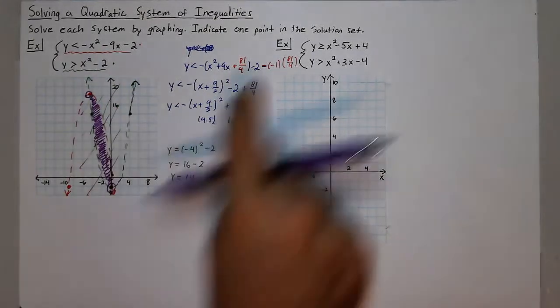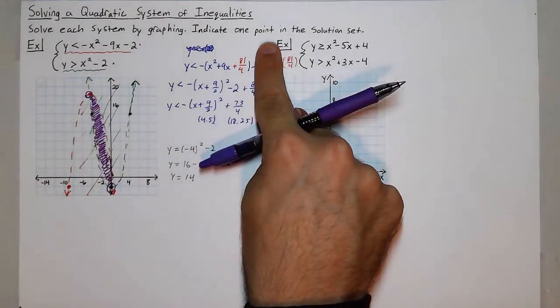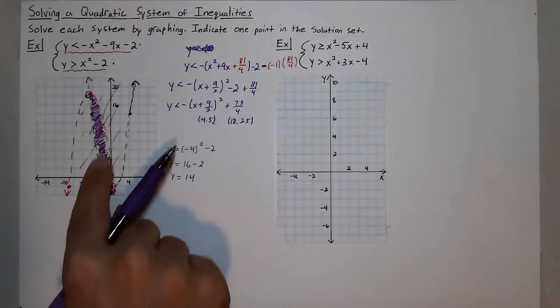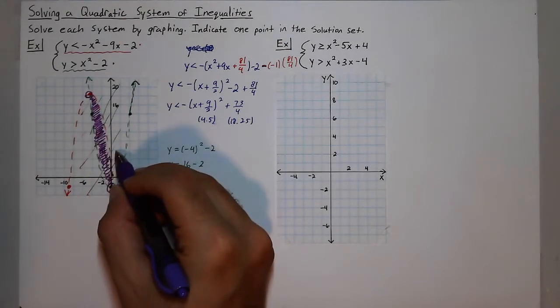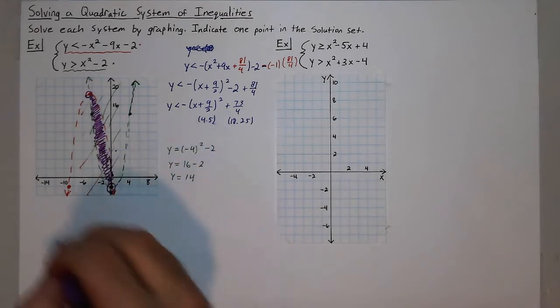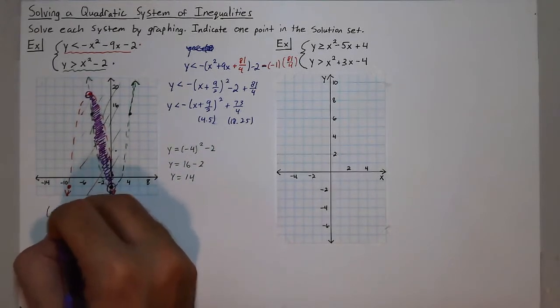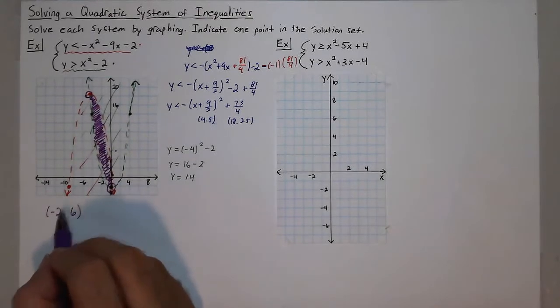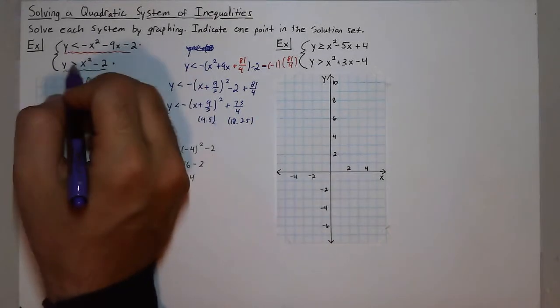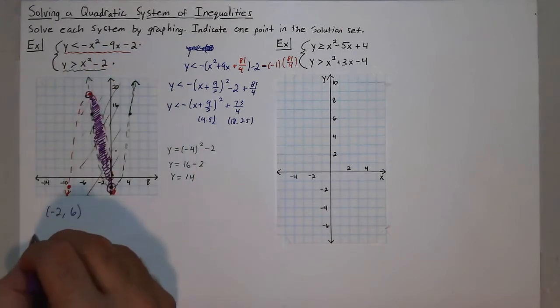So now we want to point out a solution in that set. So I'm going to look inside my shaded region, and at -2, it looks like right here at 6, so -2, 6, I should have a solution. And just to be doubly sure that is a point in the solution set, I'm actually going to plug them into both of these inequalities to see if it's true.